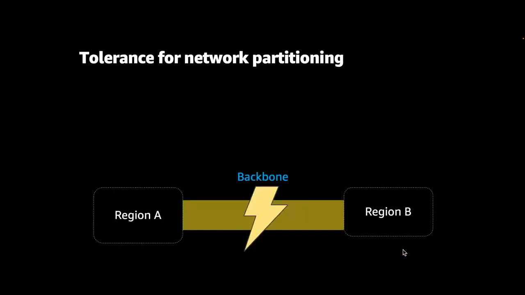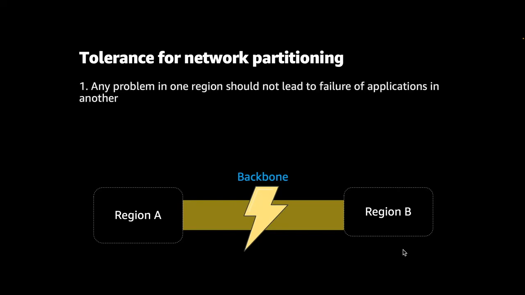The first concept and the first element is that any problem in one region should not lead to failure of the application in another region. This is fundamental while designing the application.